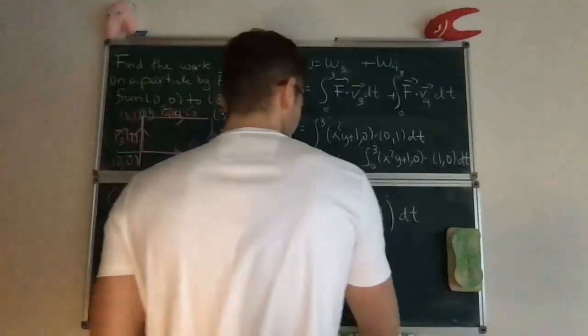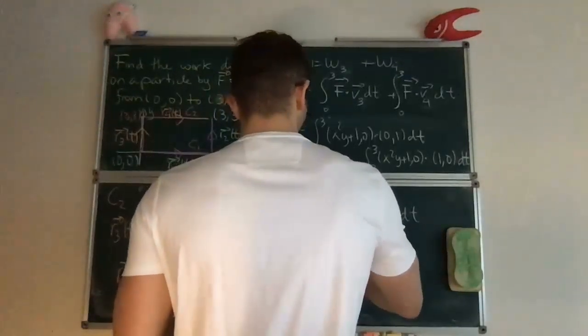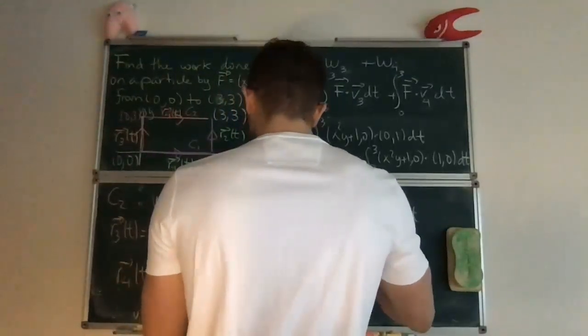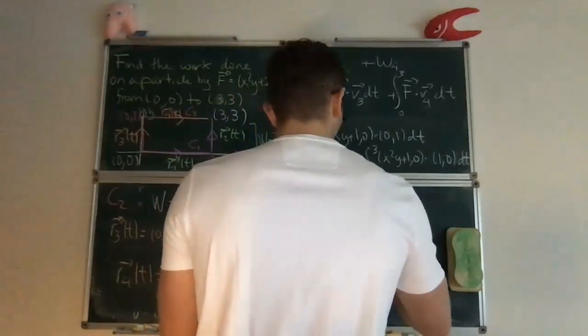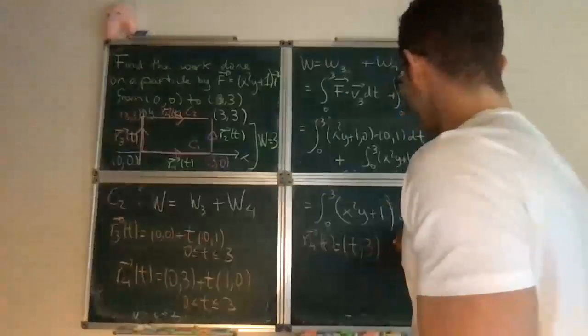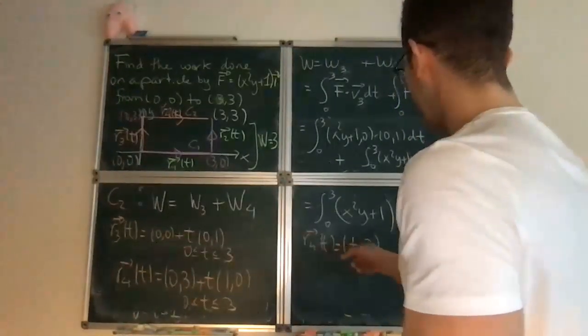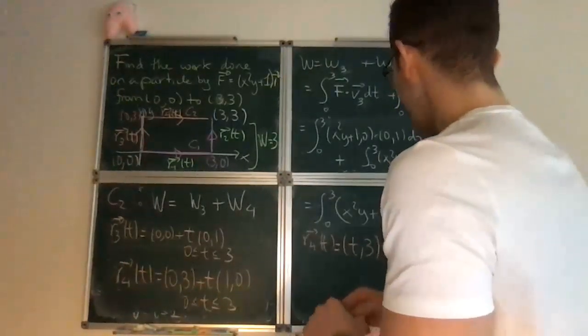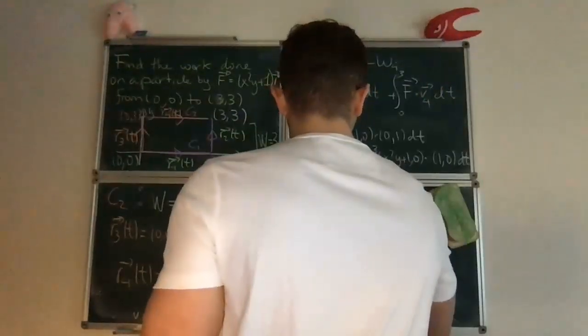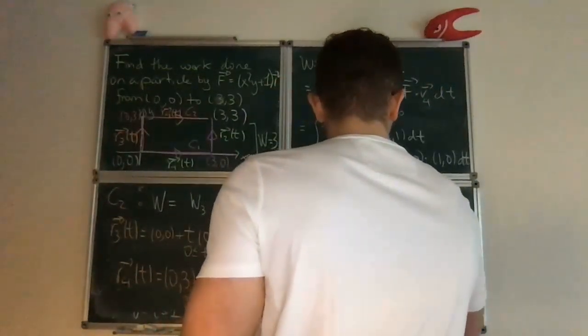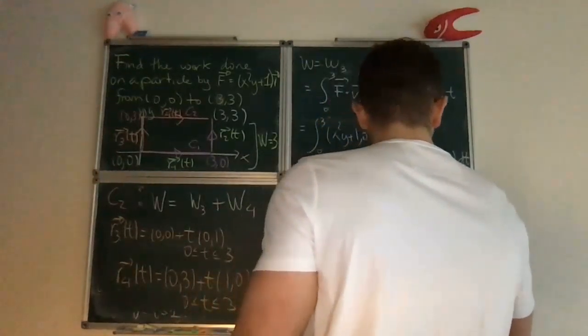So notice that along this piece of the curve, you can use this equation. Notice that on R4, if you combine them together, this is of the form (t, 3). So that means that along R4, along this curve, x equals t and y equals 3. So you get the integral from 0 to 3 of t squared times 3 plus 1 dt.